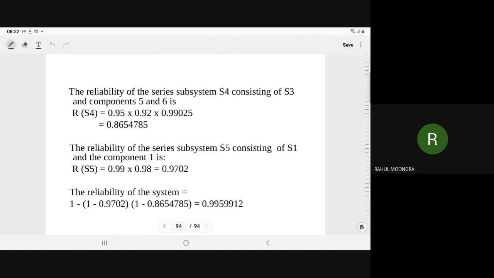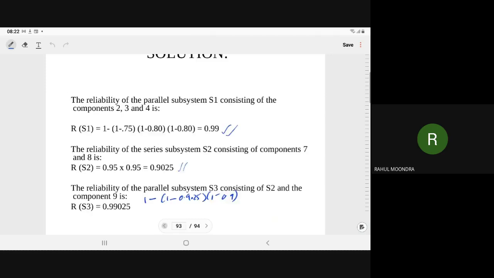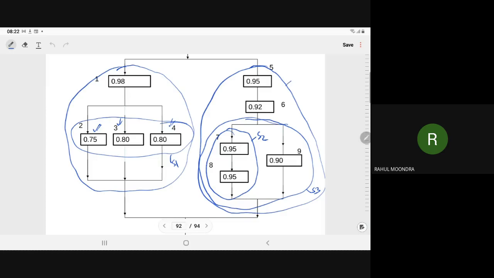Then the reliability of the series subsystem S4 consisting of S3 and components 5, 6. So this is subsystem S4. It is a series system having components 5, 6 and subsystem S3.